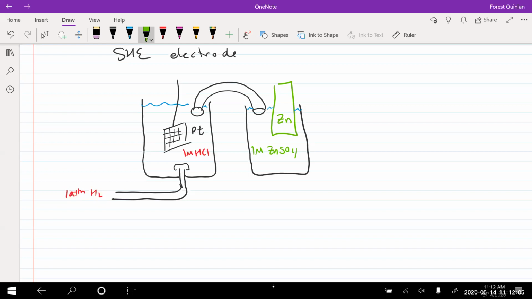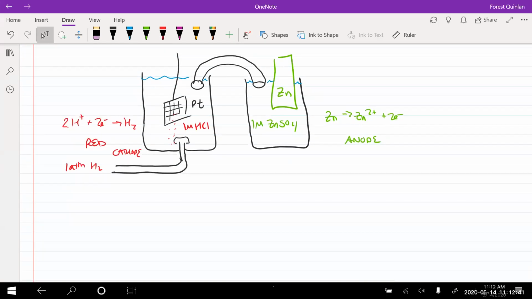All right, so since this was H plus 2 electrons going to H2, that meant that this was the reduction, which meant it was the cathode. And here we had the zinc becoming zinc 2 plus plus 2 electrons, and that was the anode. So we'll start from the anode and start swimming.